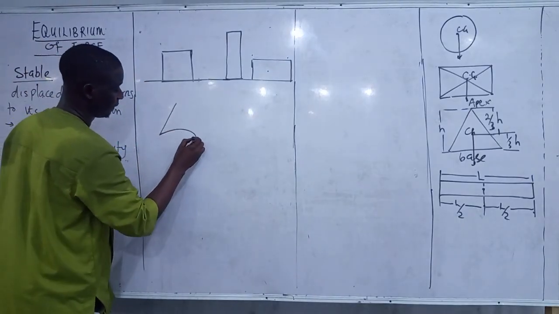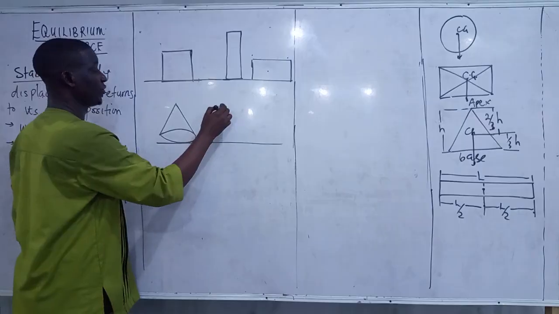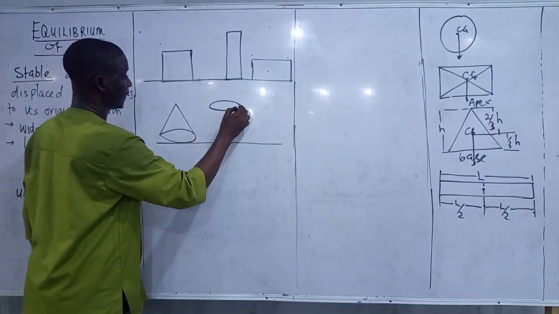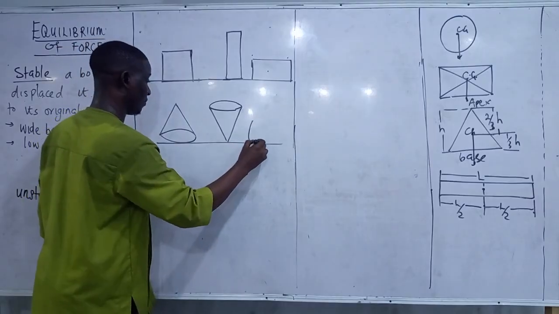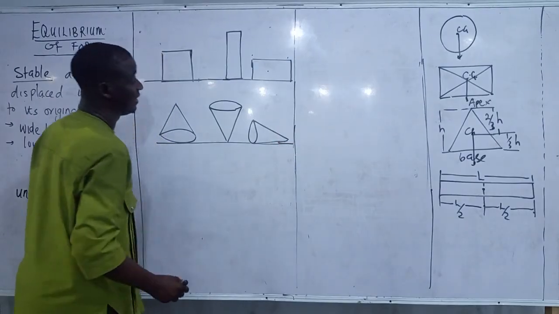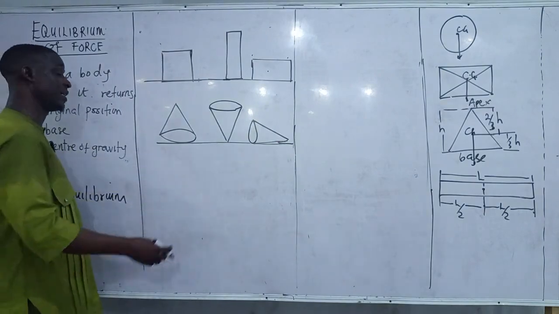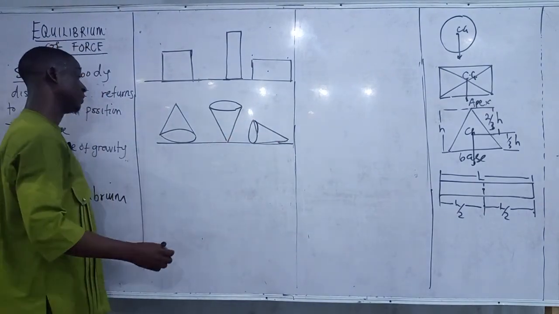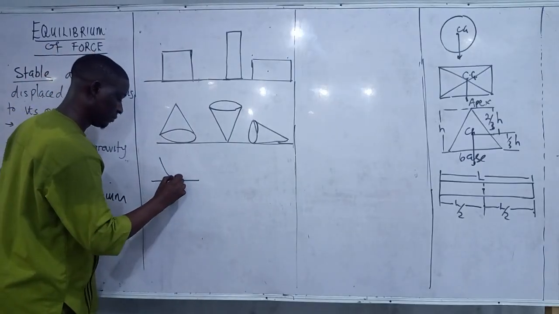This is stable. This is unstable. And this is neutral. Neutral, the body always starts with its edge, its slant height. It is resting with this slant height. That is neutral. We can have a stable like this.